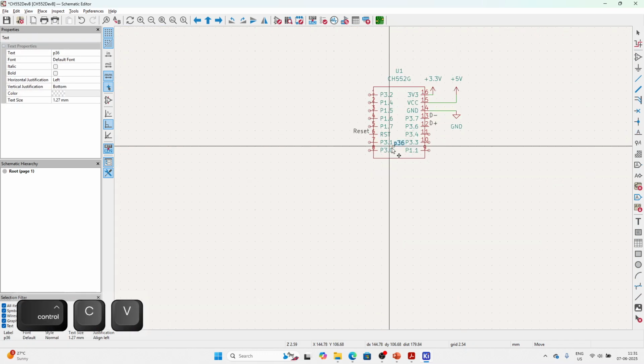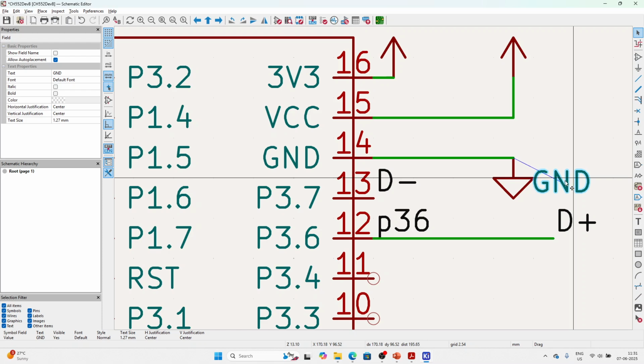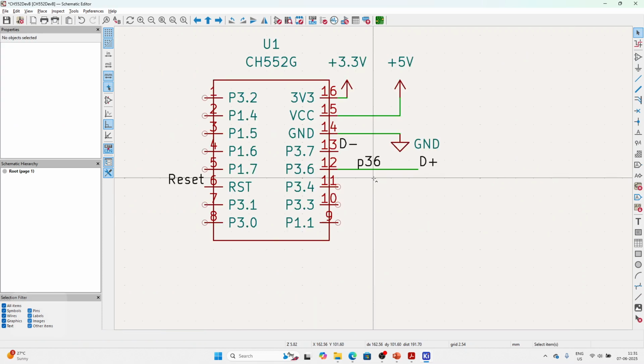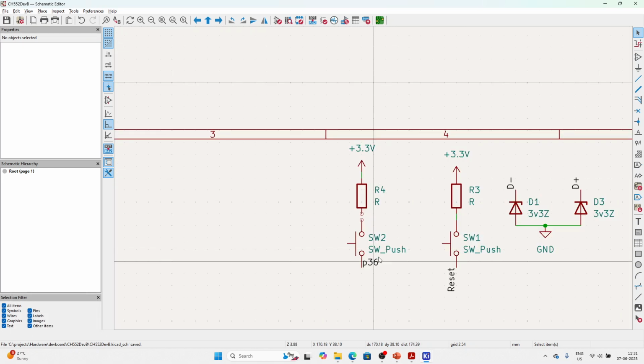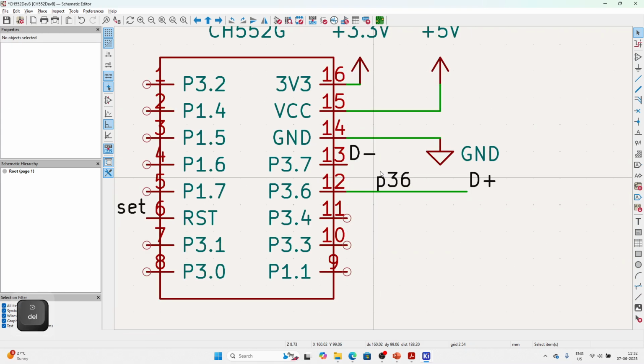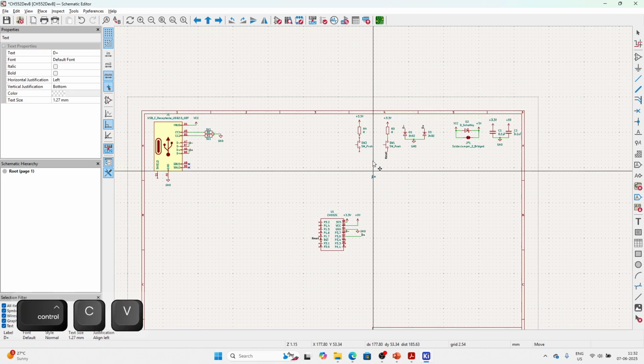P36 also goes to this pin. So I can eliminate this and this and directly replace it with D plus.